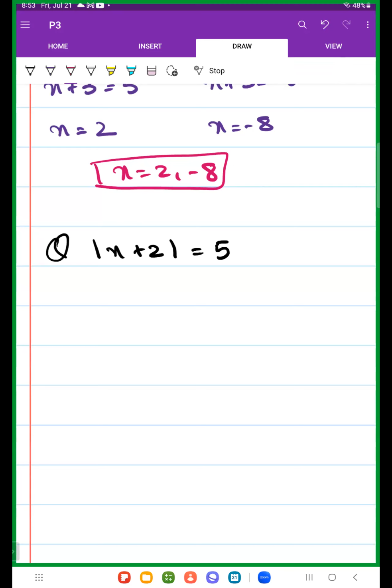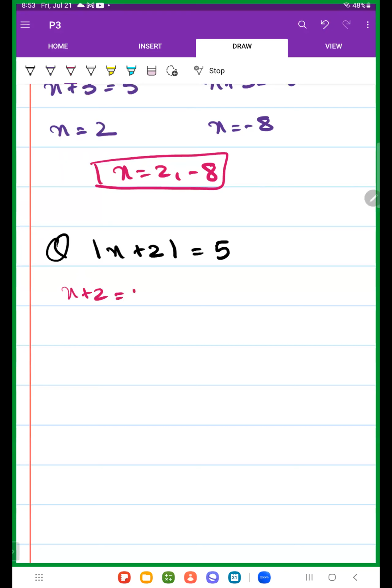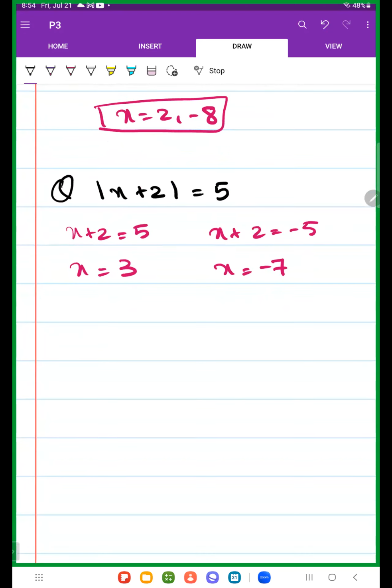Yes. So it's going to be x + 2 = 5 and x + 2 = -5. x is 3, x is minus 7. Let's do question part B.